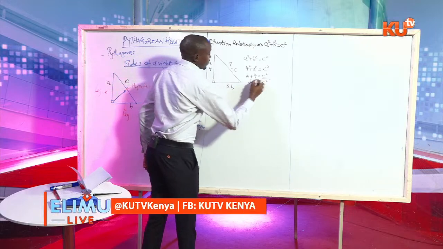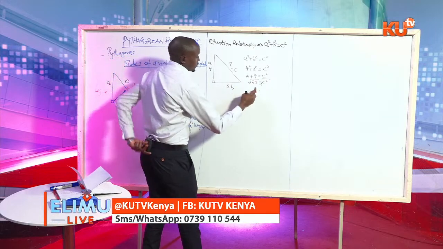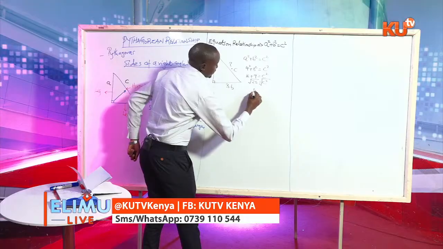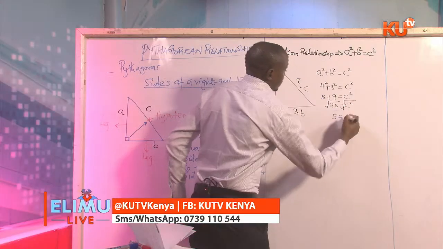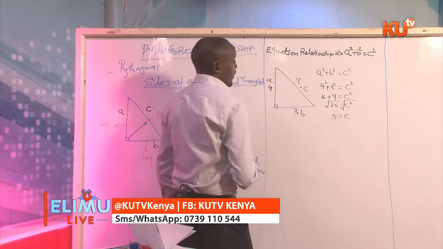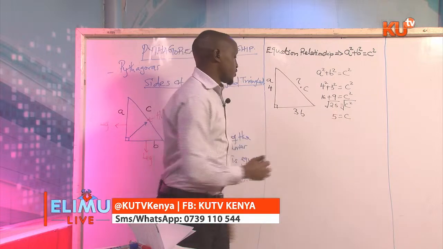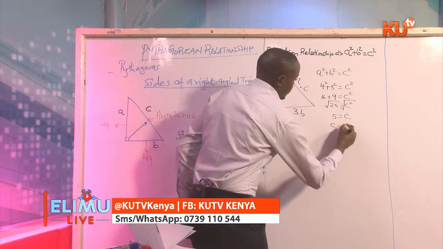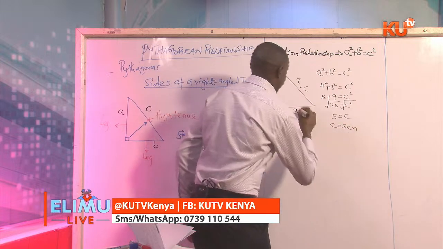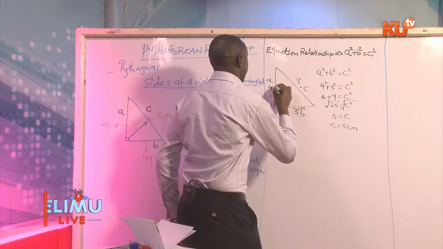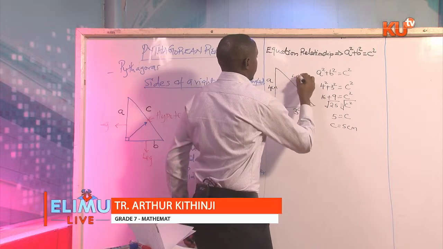So let's take the square root of 25 as well. The square root of 25 is 5, and the square root of C squared is C. So we eradicate the exponent 2 by getting the square root. So therefore, C is 5 centimeters, if these were all centimeters. So this is 5 centimeters.